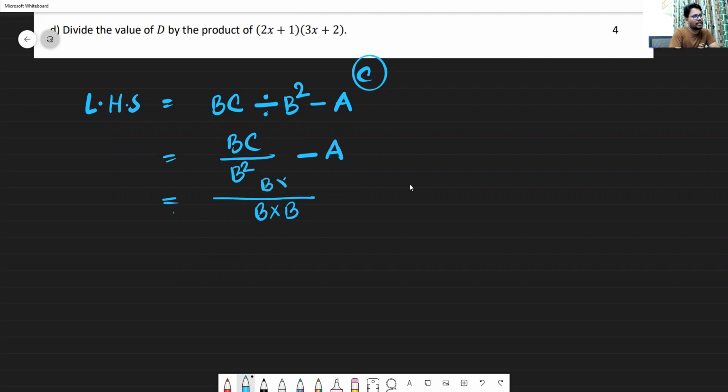And BC we can also write in multiply form. Now eliminate the same part from the numerator. After doing divide, C divided by B, and now this is minus A. First step, you will do divide. Then A will be subtracted from the result.